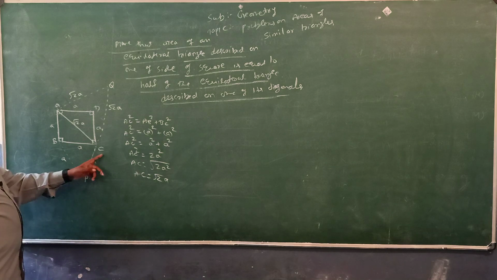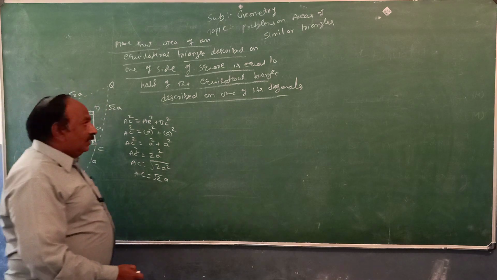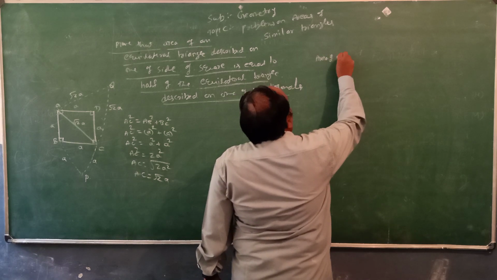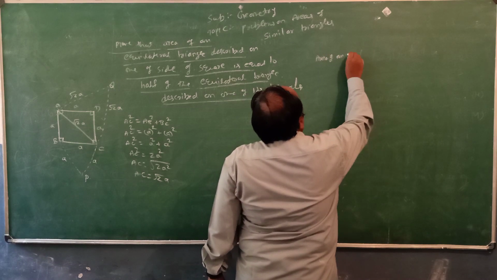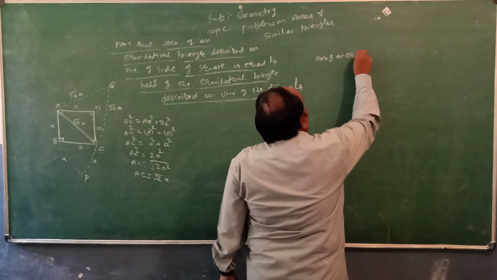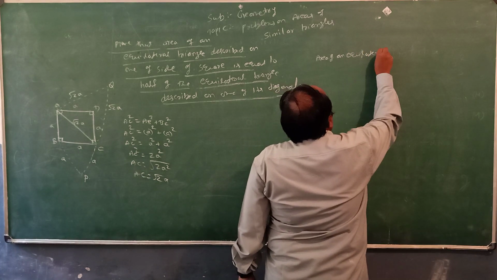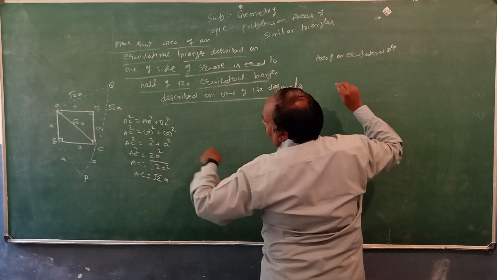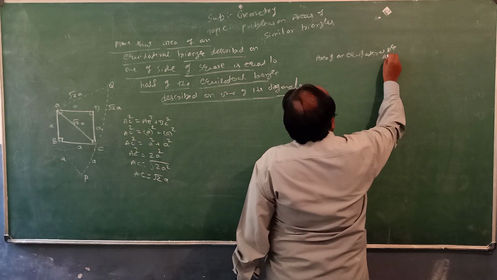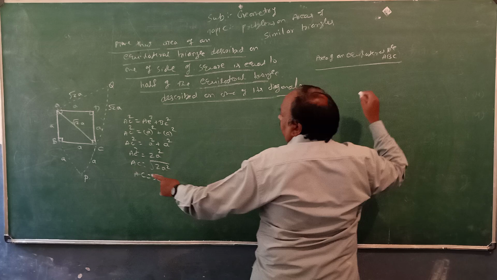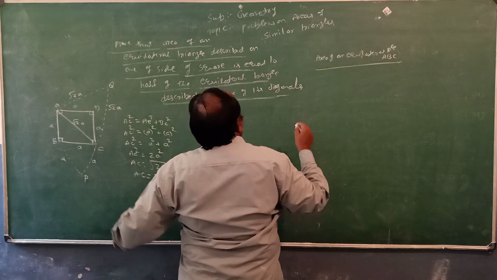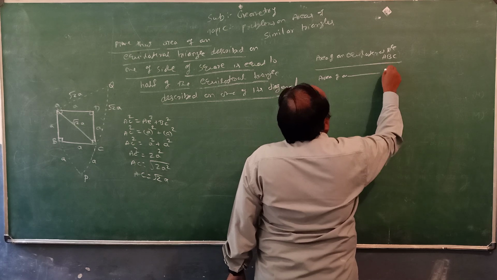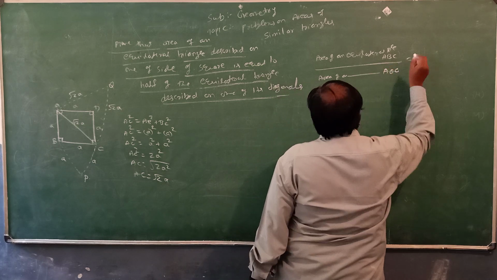So the area of equilateral triangle PBC divided by the area of equilateral triangle AQC.